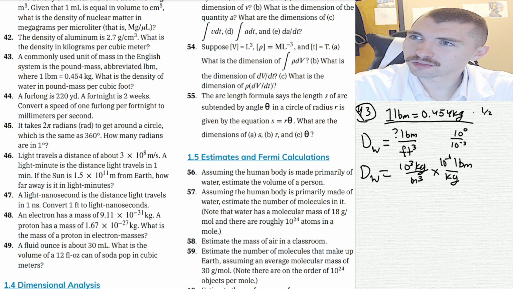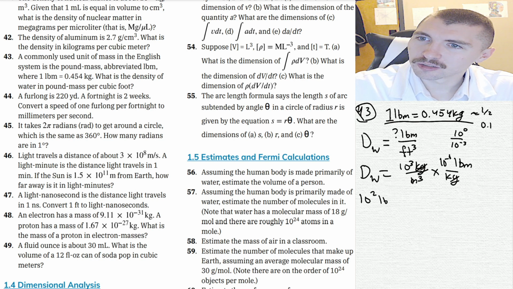This is about 1/2. So it's less than 1/2. So 1/2 is closer to 0.1. So this is closer to 0.1. So this is 10 to the negative 1. So these will cancel out. This will be 10 to the 2 pound mass per meters cubed.